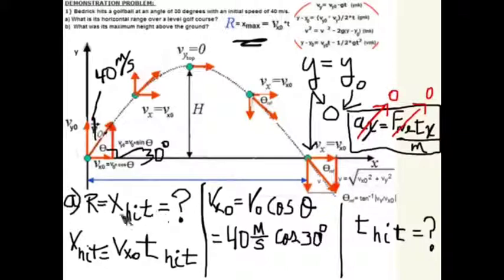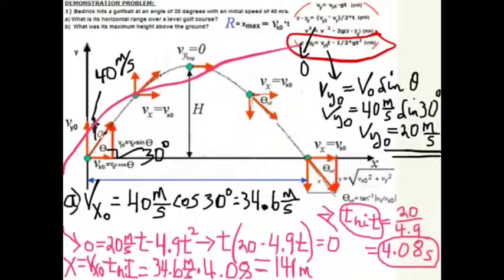And so we write down the equation for the x component of the motion. That is x hit is Vx naught times t hit. We just found Vx naught is 40 meters per second times the cosine of 30 degrees. This means to solve part A, we need to find the time that the golf ball hit the golf course.